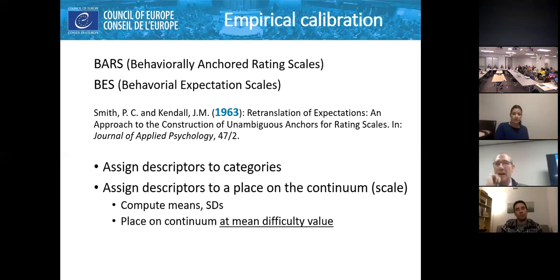And then they thought about where they would put these descriptors on the continuum and place them on the continuum. And they computed the means and standard deviations to decide where to put things on the scale. So the idea of developing a scale of descriptors empirically with data goes way back to 1963, but has been completely ignored in applied linguistics for the following 30 years.